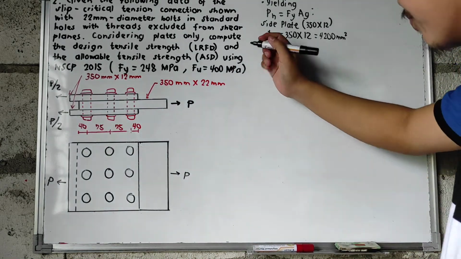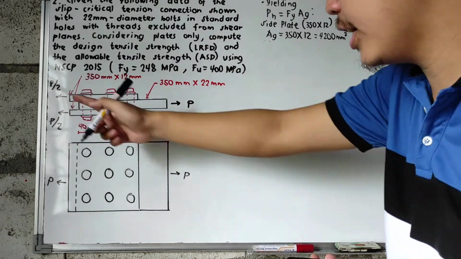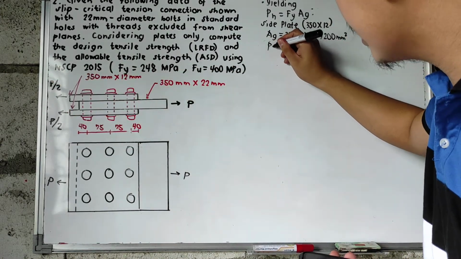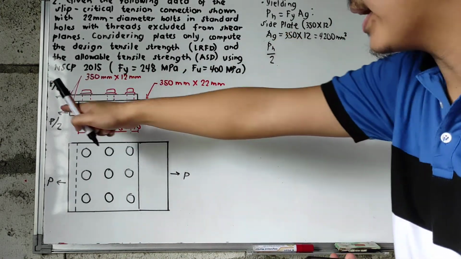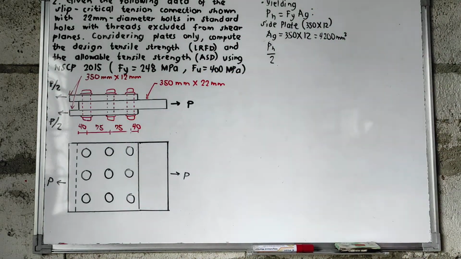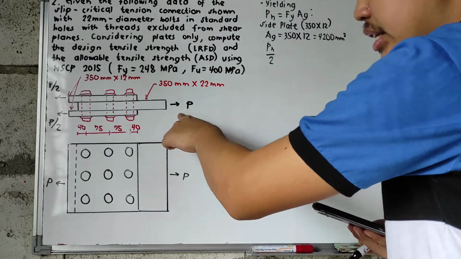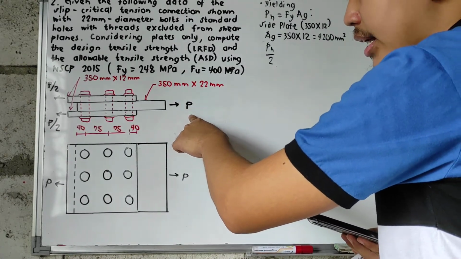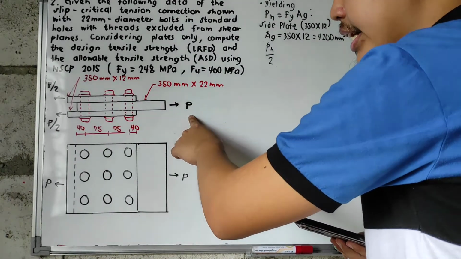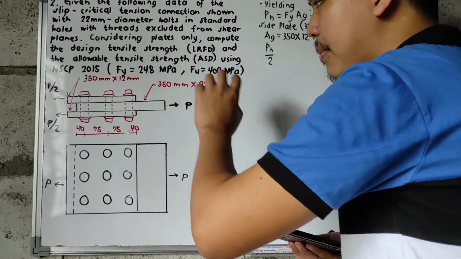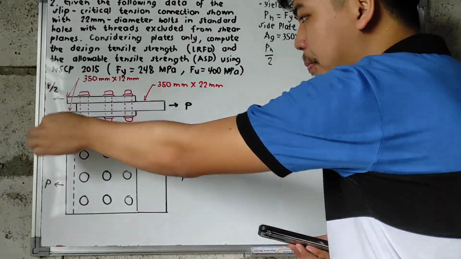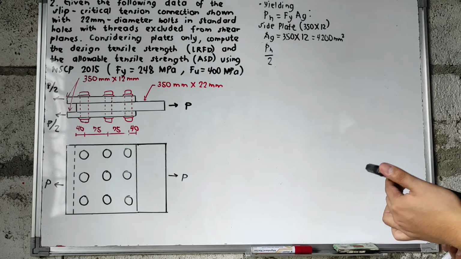And, titingnan nyo dito, yung nominal natin, that is divided by 2. Kasi nga, yung P natin, it is divided by 2, kasi etong tensile strength natin, pagtutulungan siya ng upper at saka yung lower plate.